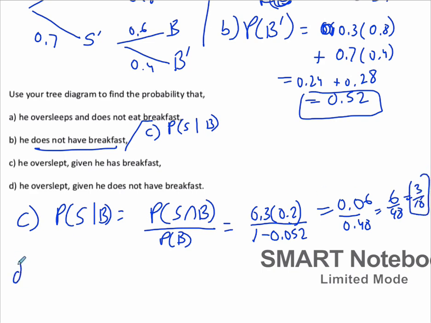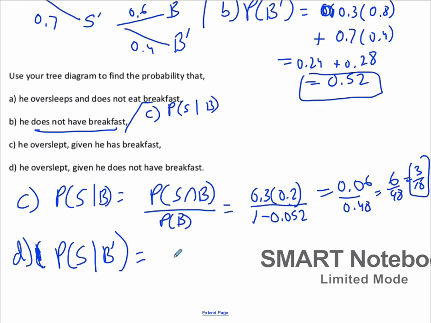Okay, and the last question is, the probability he oversleeps given he does not have breakfast. So that's going to be in your denominator: the probability he does not have breakfast. In your numerator, the probability he oversleeps and does not have breakfast.